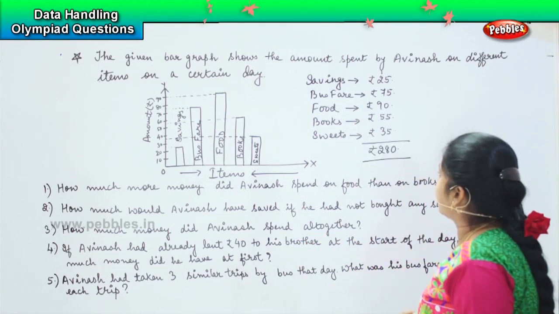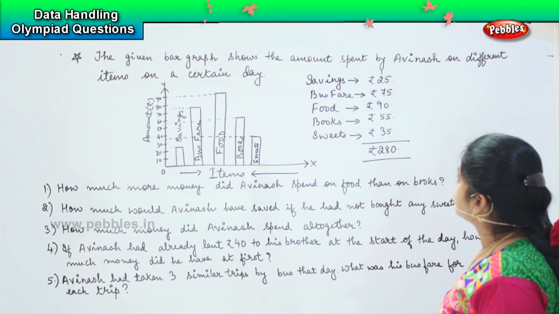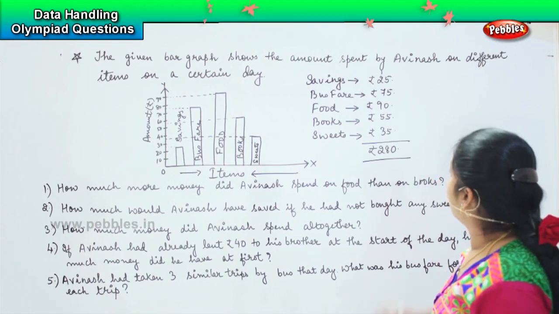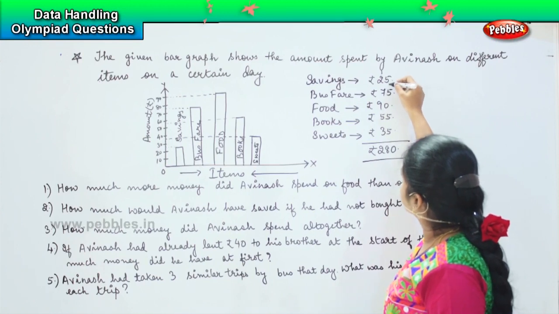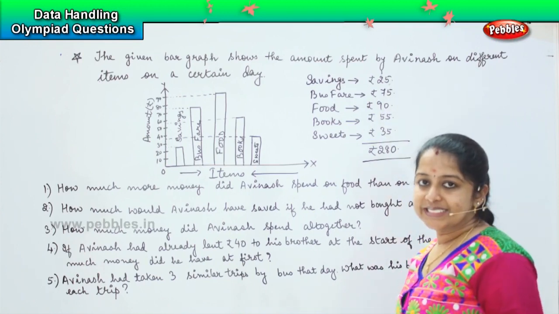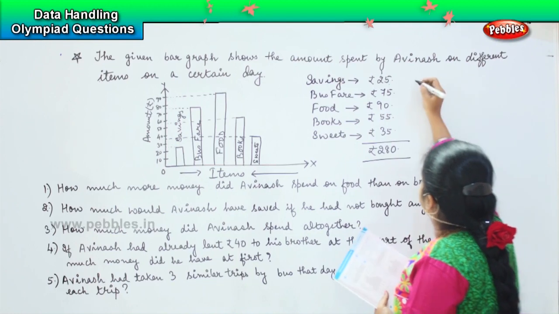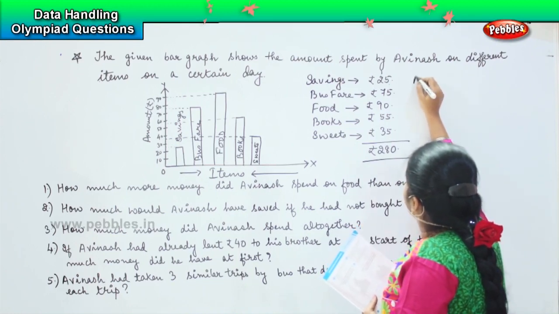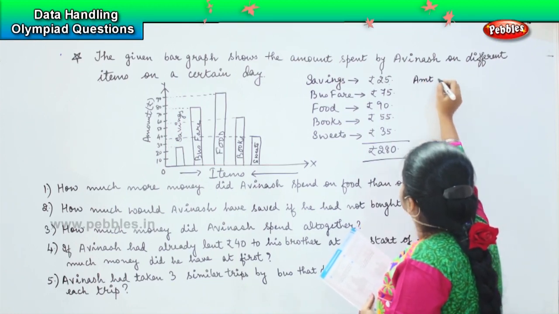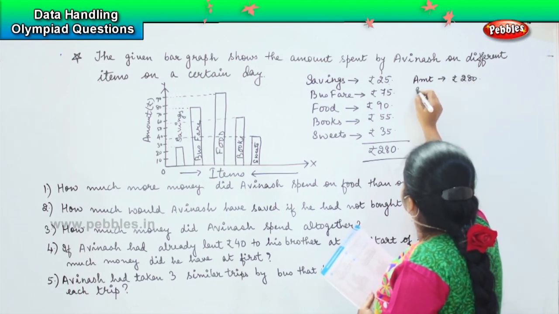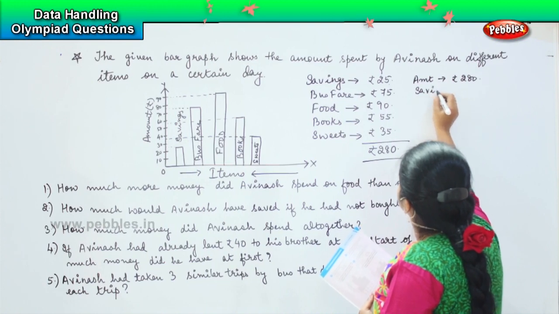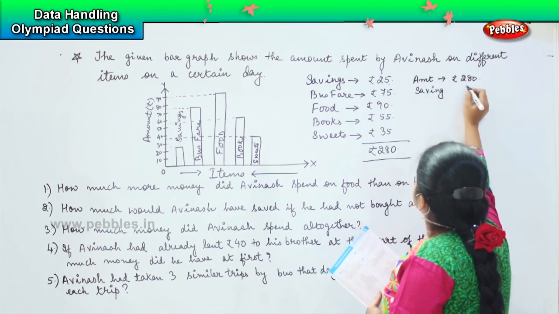So the total amount was 280. But here we need to see that this is the savings amount. So the amount which he had is 280 rupees, in which his savings was 25.